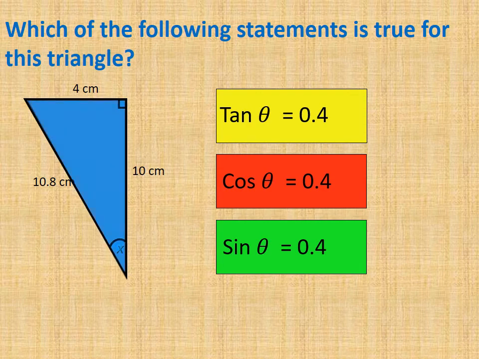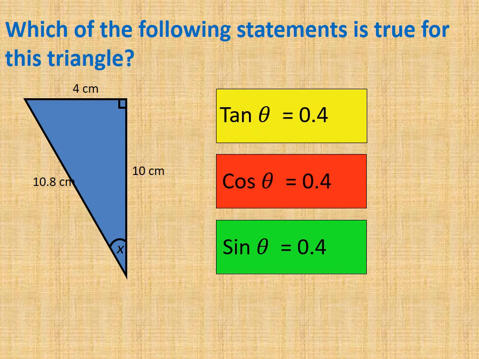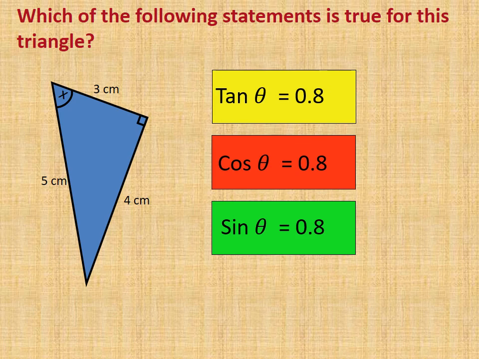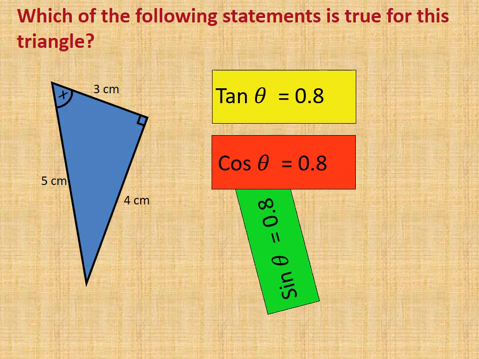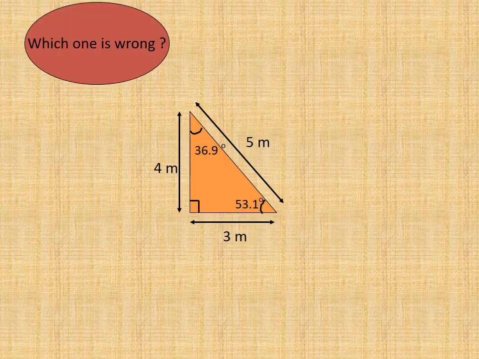Of course, the first one, which is opposite over adjacent, tan equals 0.4. Another one. Finally, I need the true statements. Sine theta equal 0.8. That means sine theta equals opposite over hypotenuse, 4/5, which is equal to 0.8.